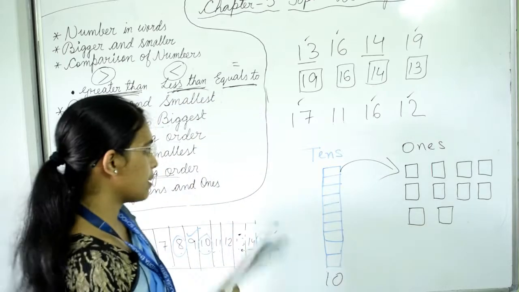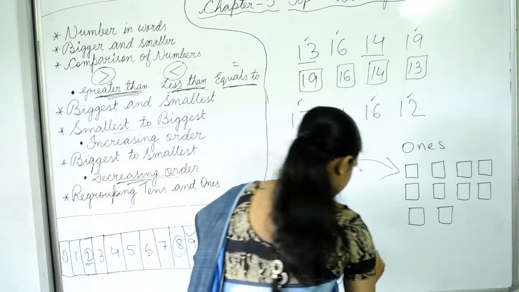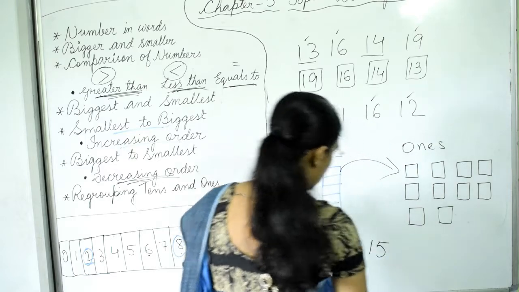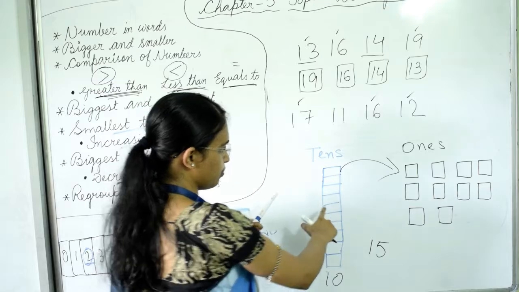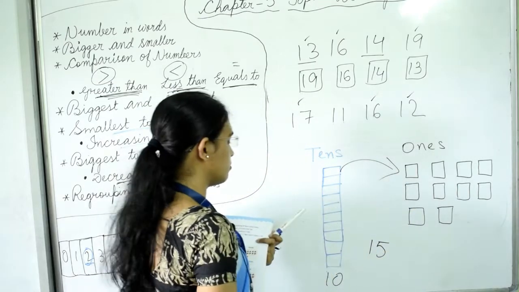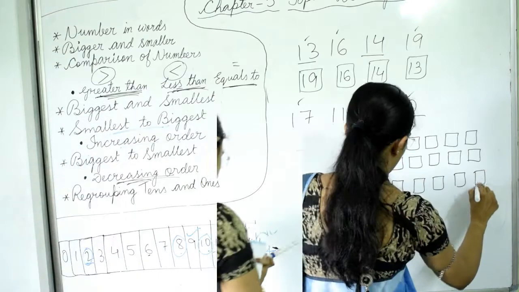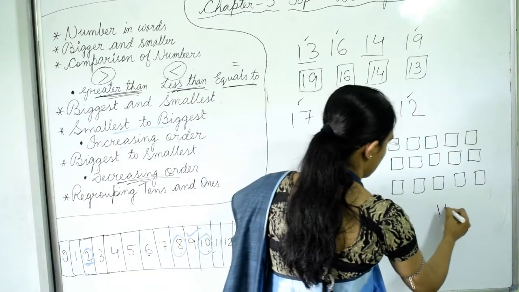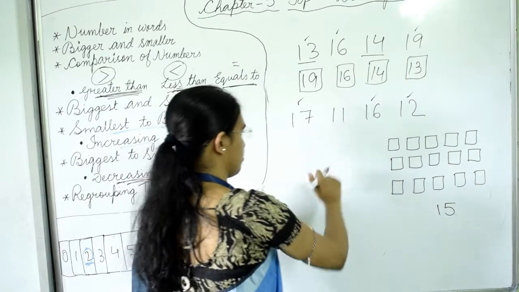Okay, so suppose you have 15 blocks. So how will you rearrange this, how will you regroup this 15? Okay, so I have 15 blocks. Now I want to regroup these blocks.